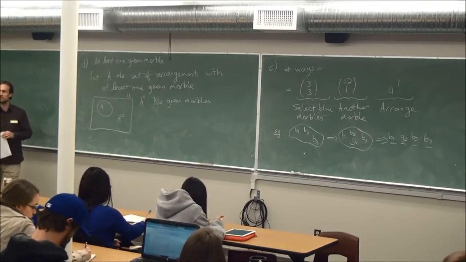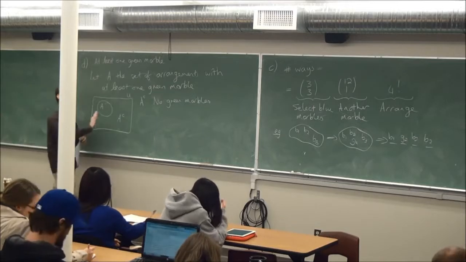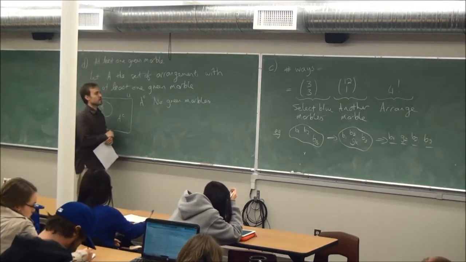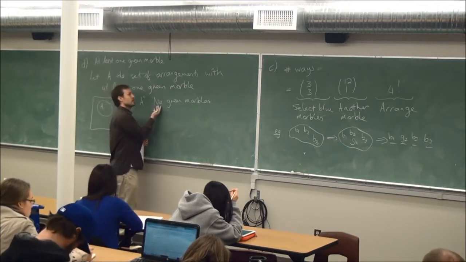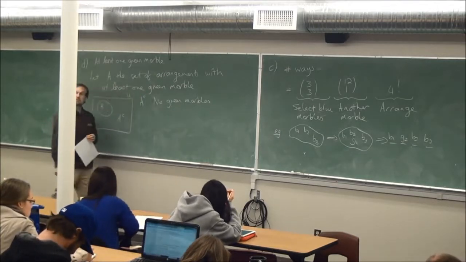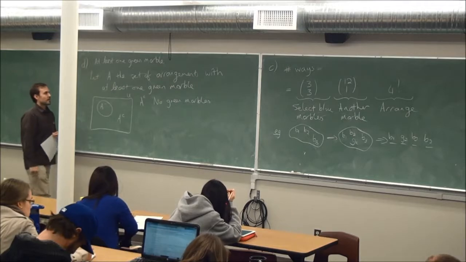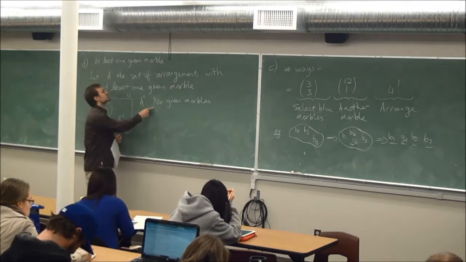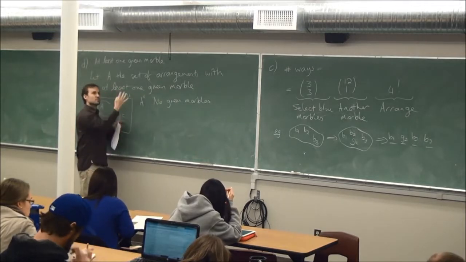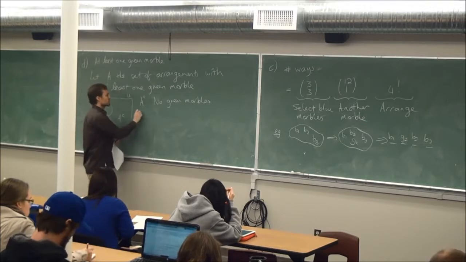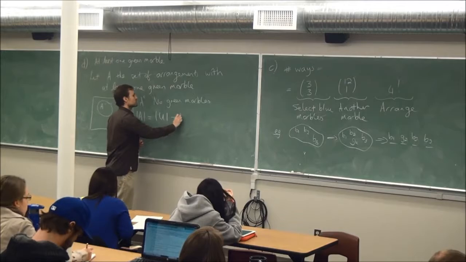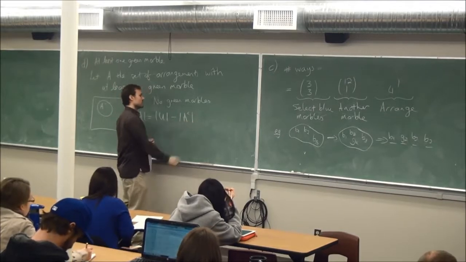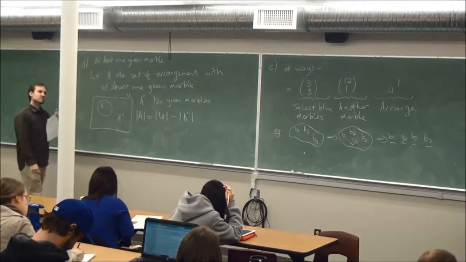But we know what we mean by now. We know what we're looking for. We're looking for a sequence of 4 marbles, and the condition that A complement brings is there shouldn't be any green. No green marble. That seems to be much easier to count than 1, 2, or 3. I don't know which. So let's do the indirect approach and see how easy that is. Feels as if it's going to be okay.